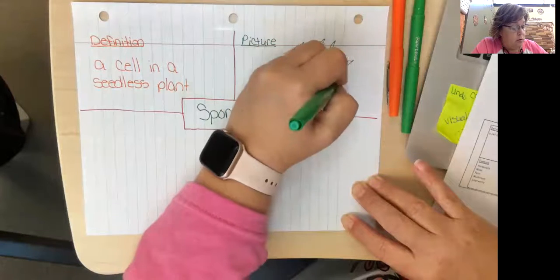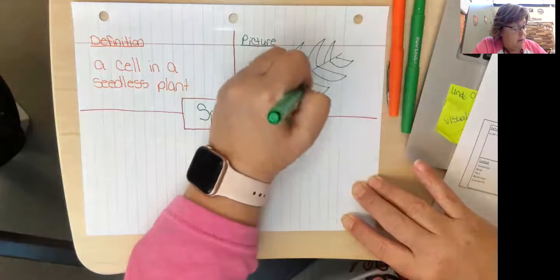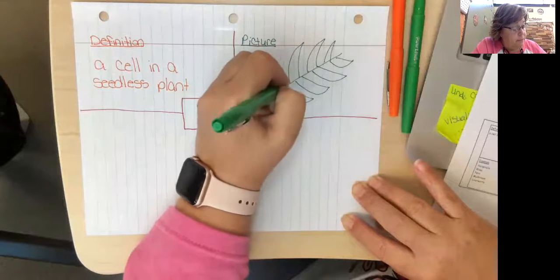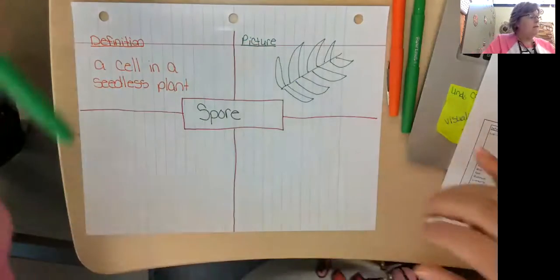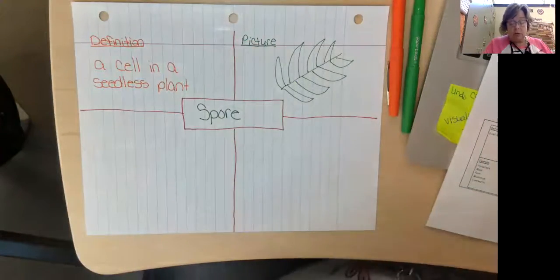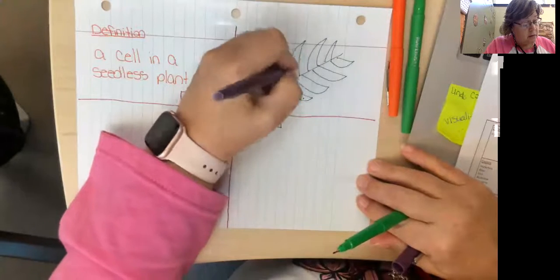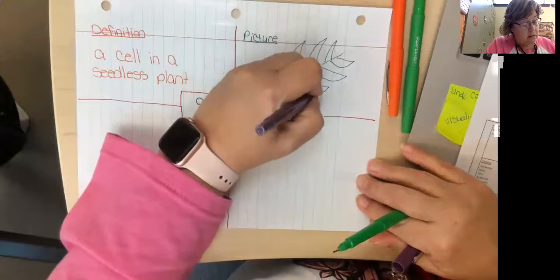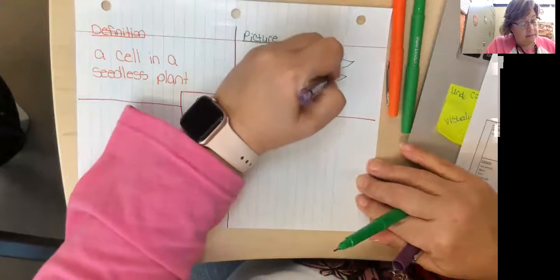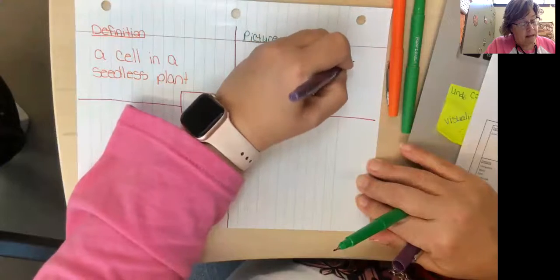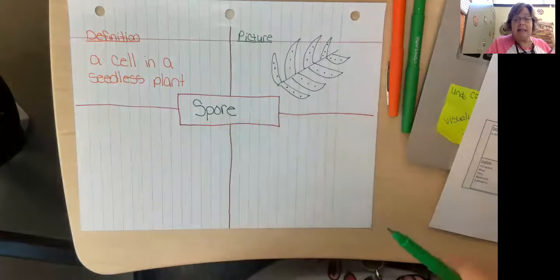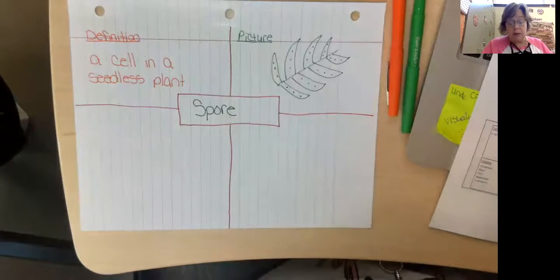So I'm just drawing what looks like a fern. And on that fern, I'm just going to put some little tiny spores. Little dots. And again, those are not seeds, they're called spores, okay?